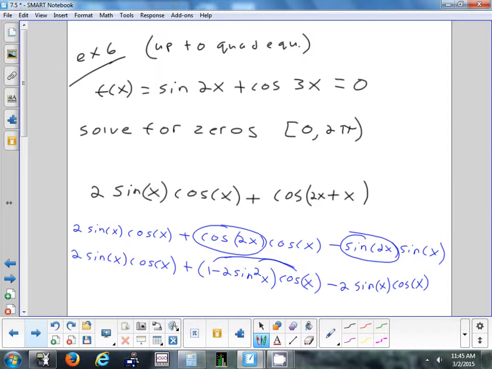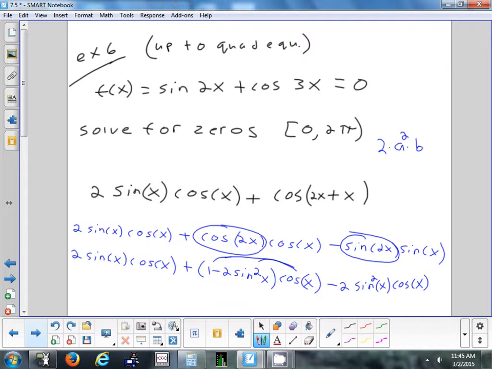Priya? Sine squared. Yeah, this part is going to just become sine squared. It's kind of like if I told you to write 2 times a times something different times something else you already had. Well, instead of writing it that way, why don't you just do it that way? That's what we just did right here.